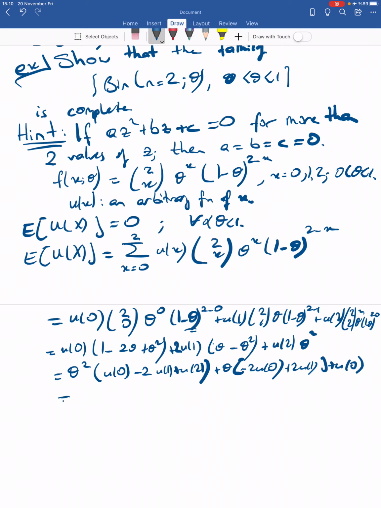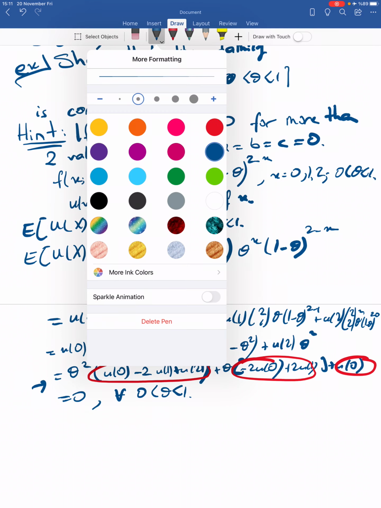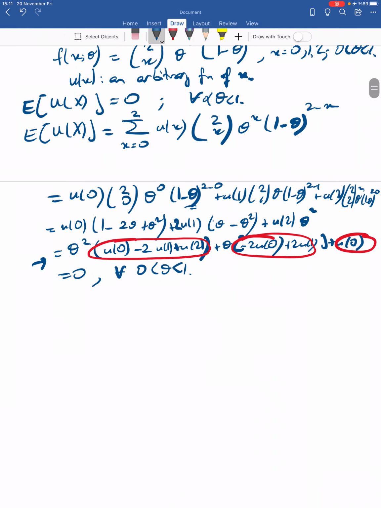We know that this is 0 for all possible values of theta in this range, so this is a quadratic function. Remember the hint: if this equality holds for more than 2 values of z, here theta, then the coefficients should be 0. This coefficient should be 0, this coefficient should be 0, and this coefficient should be 0.